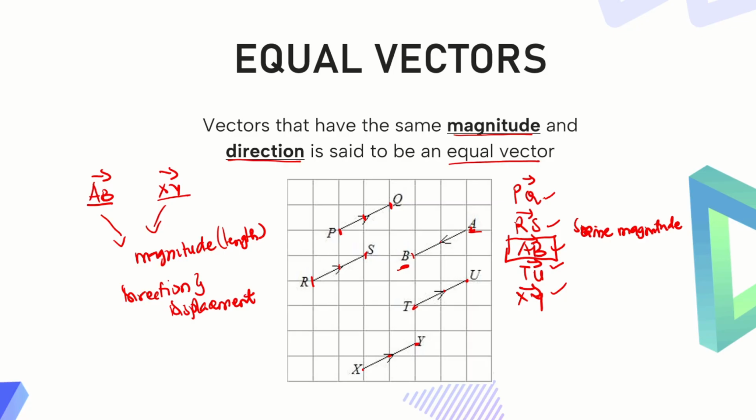So we can say that the vectors PQ, RS, TU, and XY are equal vectors, because they all move in the same direction and have the same magnitude. But for AB, even though it has the same magnitude, it moves in a different direction.